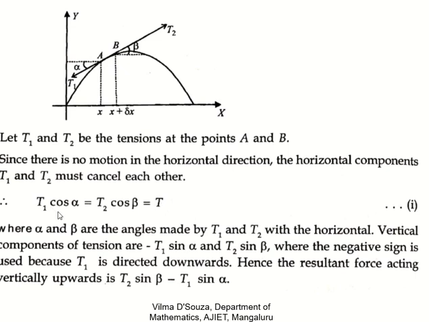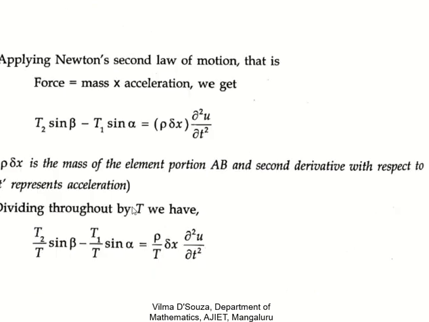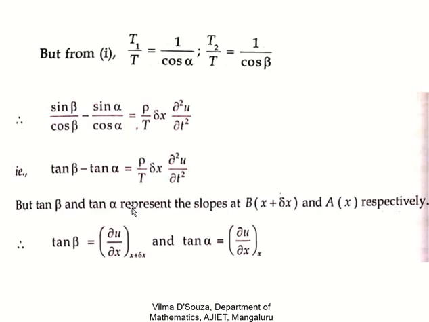When you get t to the other side, it becomes T1 by t, and cos alpha goes to the other side, it becomes 1 by cos alpha. So T1 by t is equal to 1 by cos alpha. And what is T2 by t? T2 cos beta is equal to t, so T2 by t is equal to 1 by cos beta. So substitute that here.